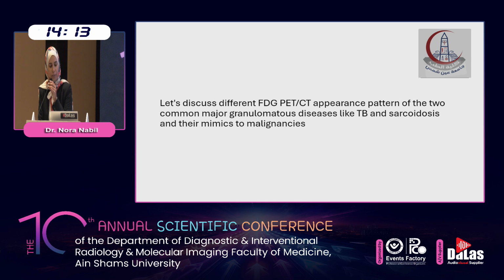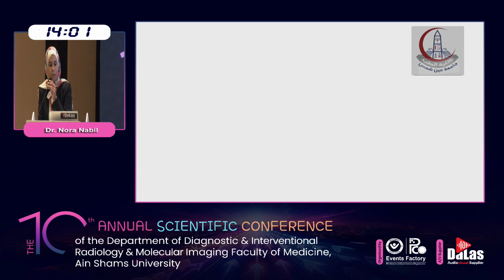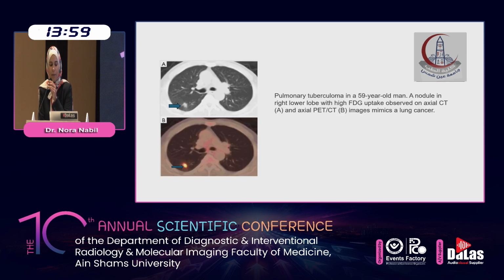Let's discuss the different FDG appearance patterns of the two major granulomatous diseases, TB and sarcoidosis, and their mimics of malignancies, by examples. First example: pulmonary tuberculoma in a 59-year-old man. As you can see here by the blue arrow, a nodule in the right lower lobe with high FDG uptake, observed on the axial CT images and in the PET-CT.